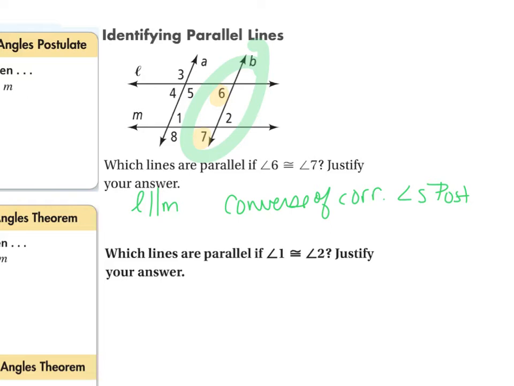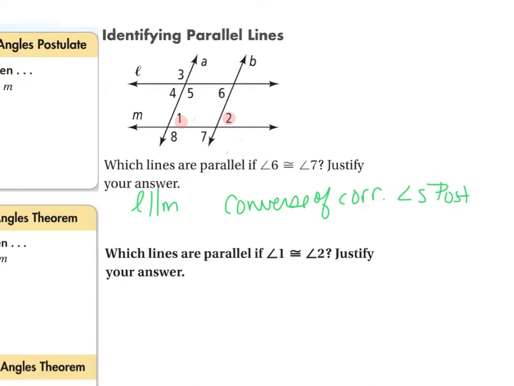Okay, next one. Which lines are parallel if angle 1 is congruent to angle 2? That's something very similar. What is the transversal with those two lines?